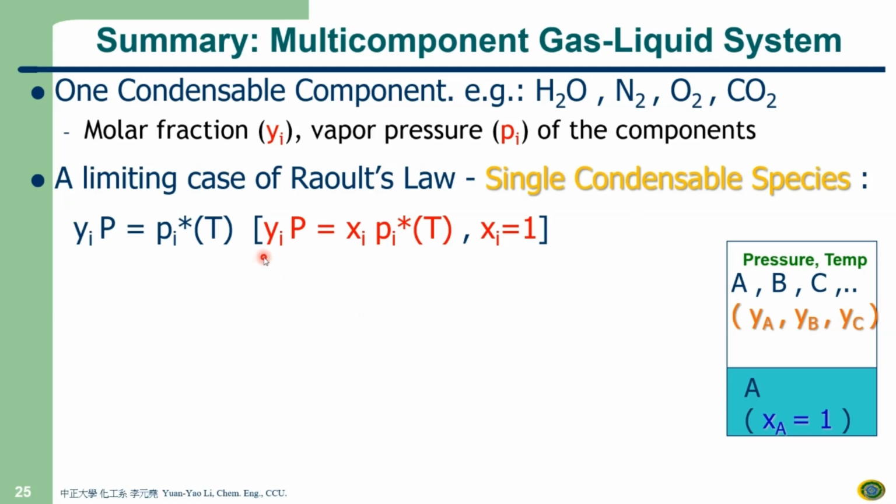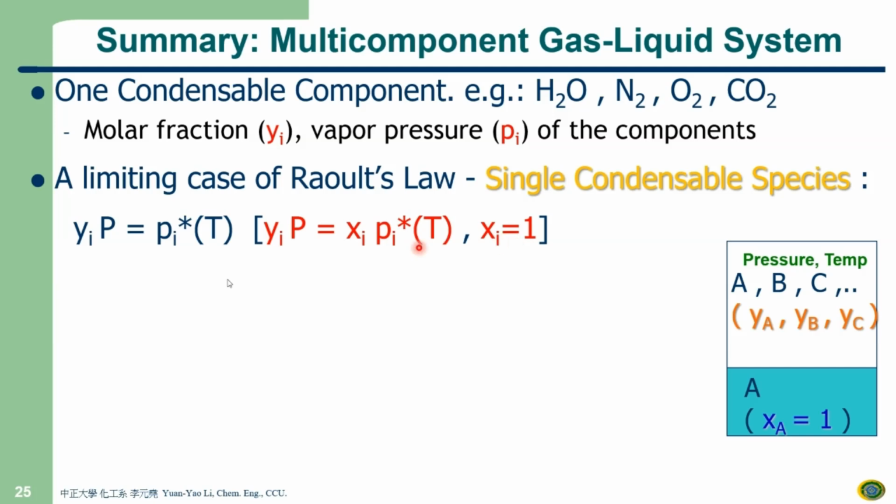Raoult's law is Yi times total pressure, capital P, equal to Xi times Pi star as a function of T, where Xi is the molar fraction of the i species in the liquid phase, and Pi star of T is the vapor pressure of the i species at temperature T. Because this is a special case with a single condensable species, Xi equals 1.